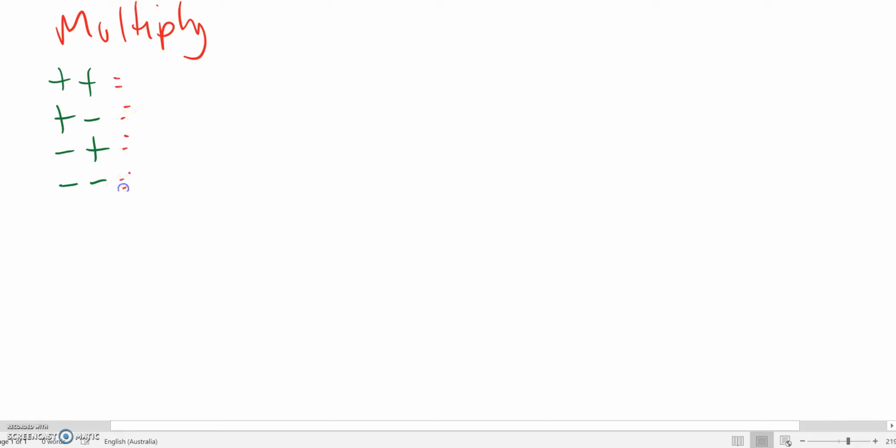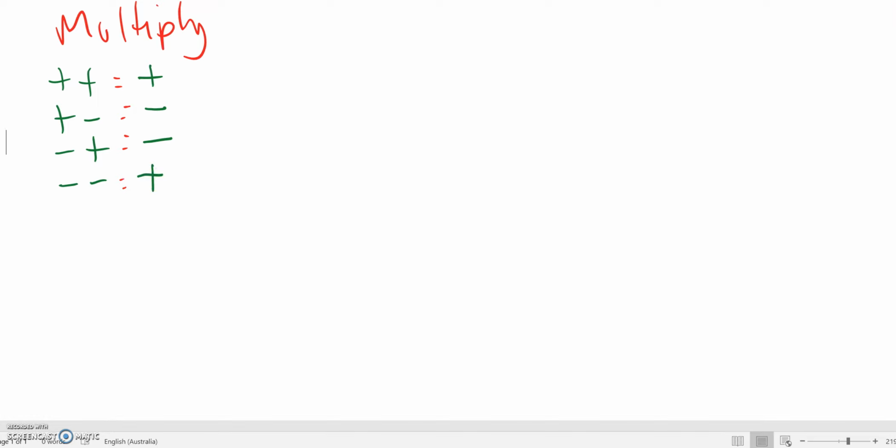Alright, so a positive number being multiplied by a positive number is going to give a positive answer. A positive number being multiplied by a negative, or negative with a positive, will both give negative answers, and a negative number being multiplied by another negative number will again give us a positive answer.